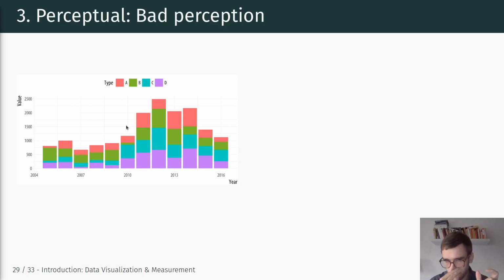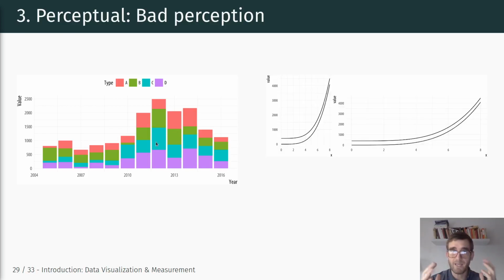So here is a case where, because the baseline changes over time, it makes it really hard to compare category sizes over time as well, right? Because just evaluating the length itself is harder than if they all start at the same position, right? That's one example of bad perception.